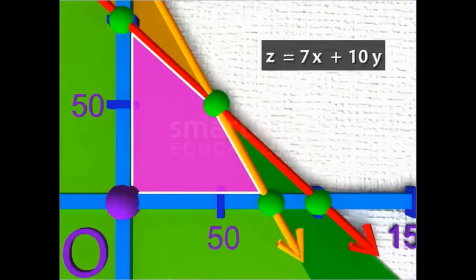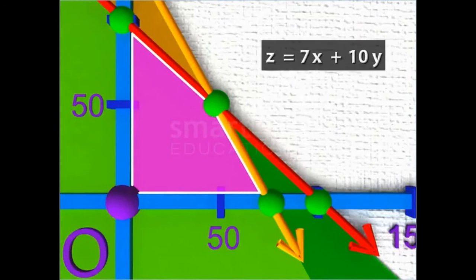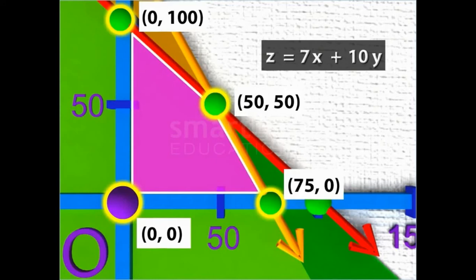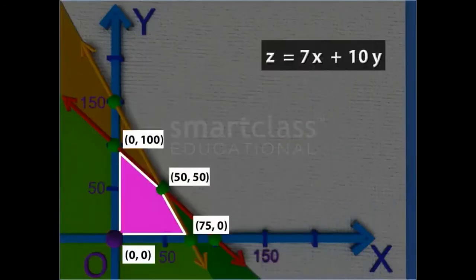The maximum or minimum values of an objective function always occur at the vertex of the feasible region. So, find the vertices of the feasible region. Next, substitute coordinates of all the vertices in the objective function.